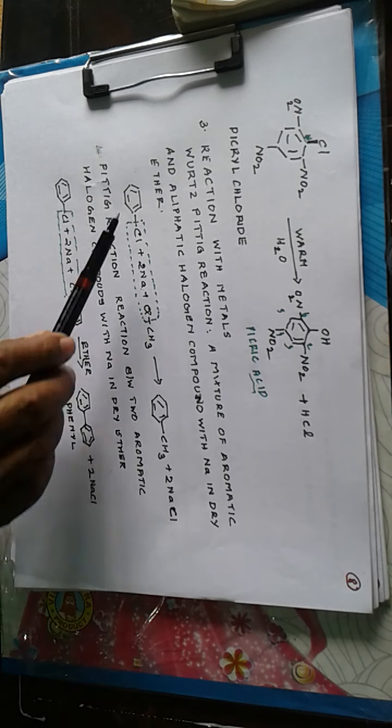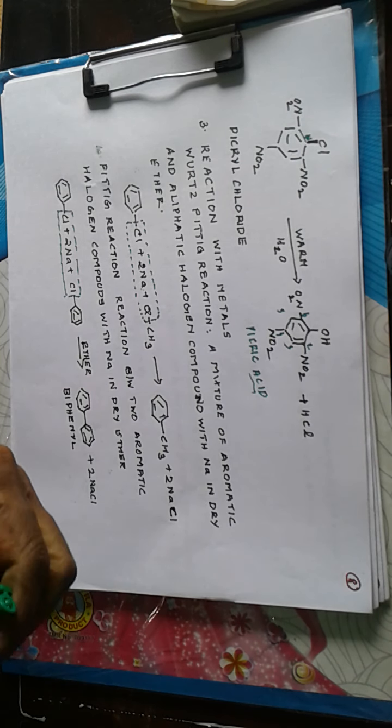Now these two reactions are known under two different names. If the haloalkane and chlorobenzene react, then the reaction is called the Wurtz-Fittig reaction. And if two haloarenes are reacting, then the reaction is called a Fittig reaction.